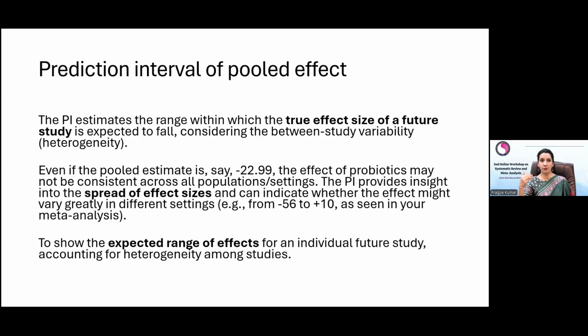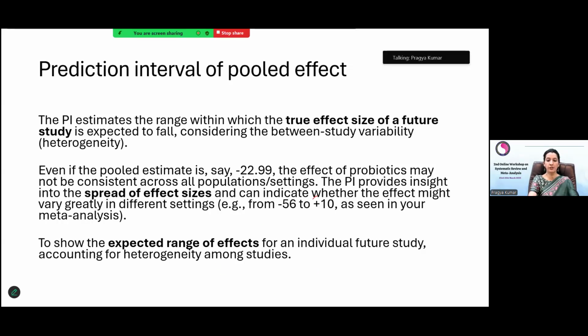If the prediction interval is from minus 56 to 10, that means if the study is conducted in future, then your effect size may vary between minus 56 and plus 10 hours. Plus 10 means it may increase also. That means if you give probiotic, the duration of diarrhea might increase also. That's why it is showing with a plus sign. So that is the prediction interval. It tells you the range of the effect size in the future study.